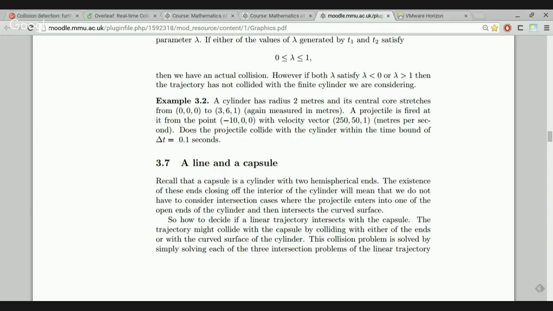Given the cylinder there, you're given the start point, you're given the velocity vector. The question is, the projectile moving from that point along that velocity vector, is it going to hit the cylinder? And if it does, when?